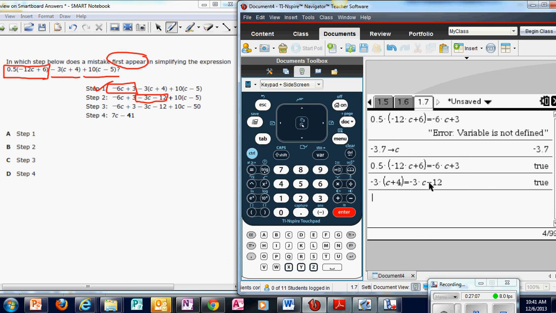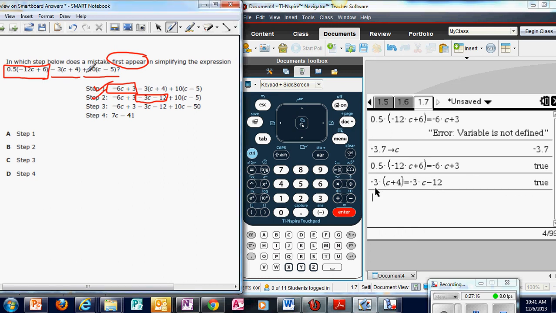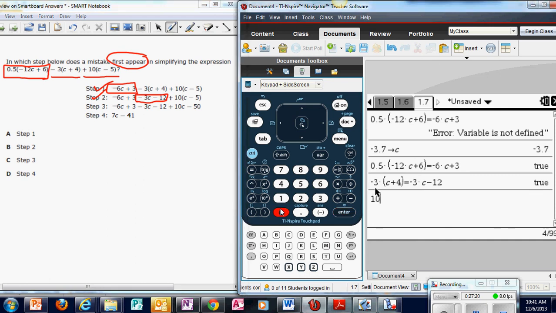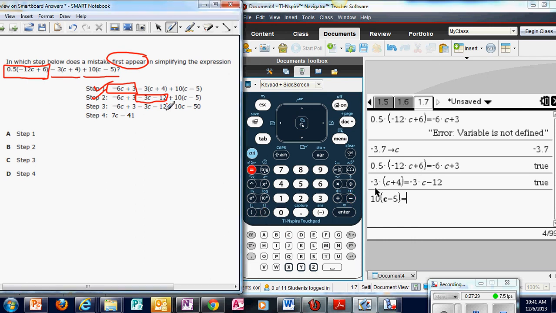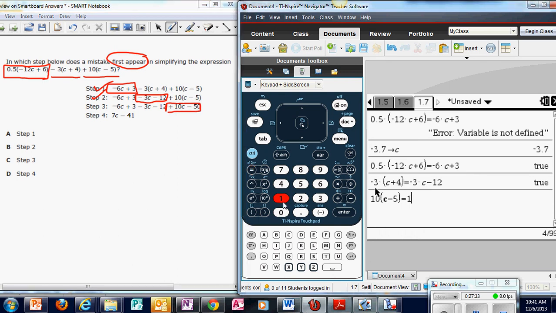Now make sure you don't put a negative sign there, because if you put a negative instead of a minus, it's going to think you want to multiply times negative 12. Again, nothing wrong here, so we'll try the last piece. 10 parentheses c minus 5, close parentheses, equals 10c minus 50.